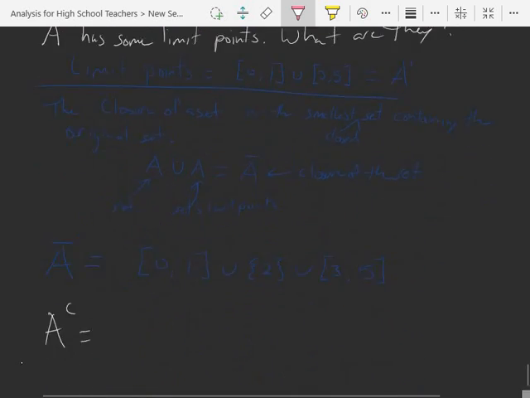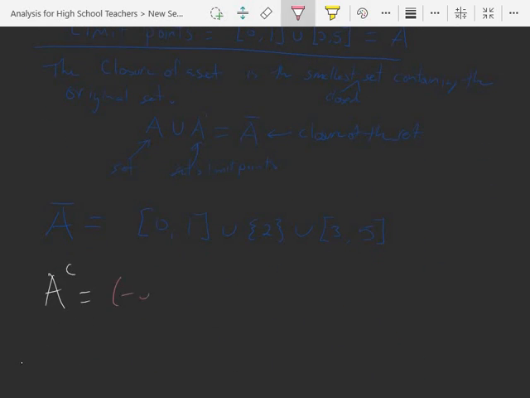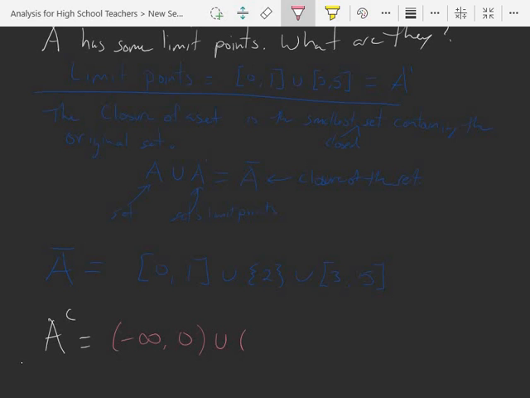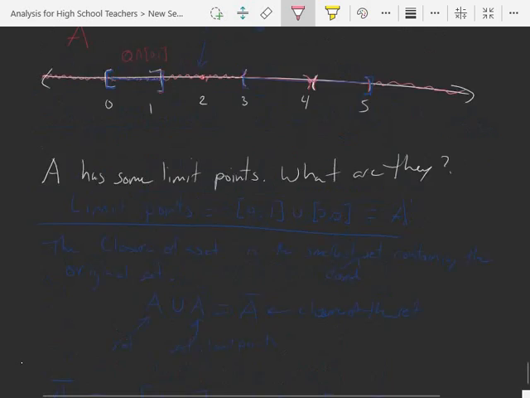A complement is going to be negative infinity up until 0, and then a union. Between 0 and 1, I want to include the irrationals. So I'll take the rationals' complement and intersect it with 0, 1. That'd give me the irrationals between 0 and 1.